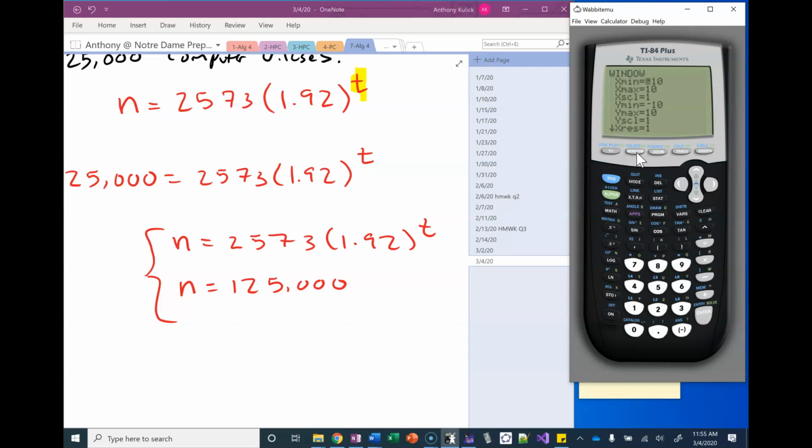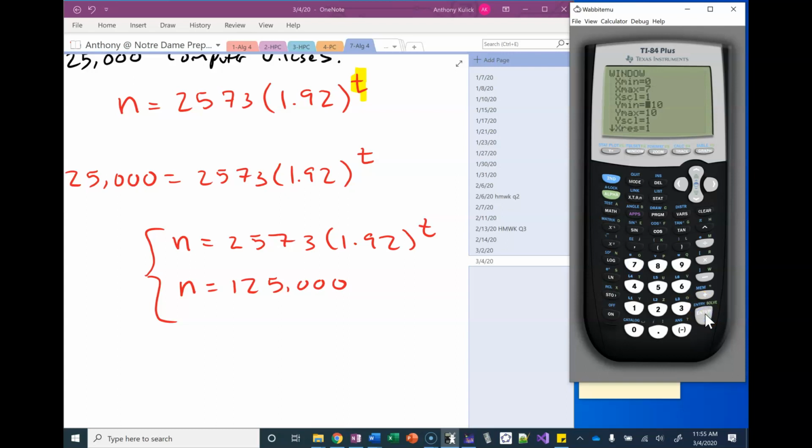So what's a good smallest value of t? 0, right? That seems reasonable to me. And what's a good largest value of t? 7, because we know this model is good for 7 years, right? That's the way it was described in the problem. Great. Let's do 7 there.